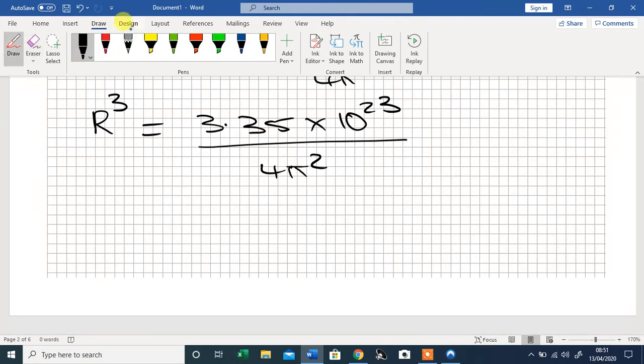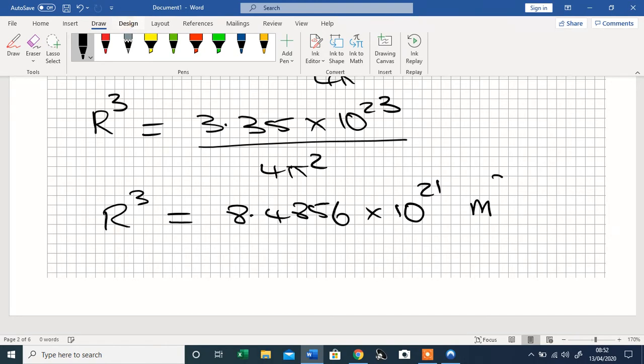Right, so r cubed is equal to, let's do the division, divided by 4 pi squared, and that comes out to be equal to, I'll do it to about 5 significant figures, 8.4856 times 10 to the 21, and this is going to be in meters cubed.